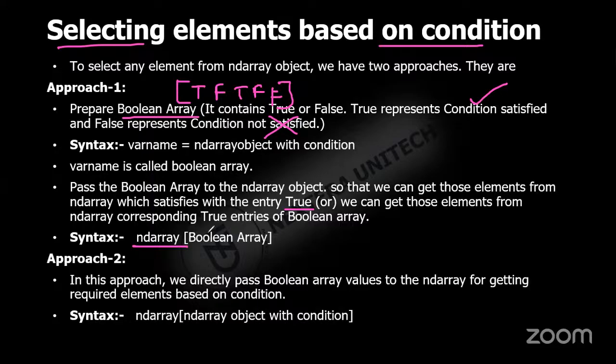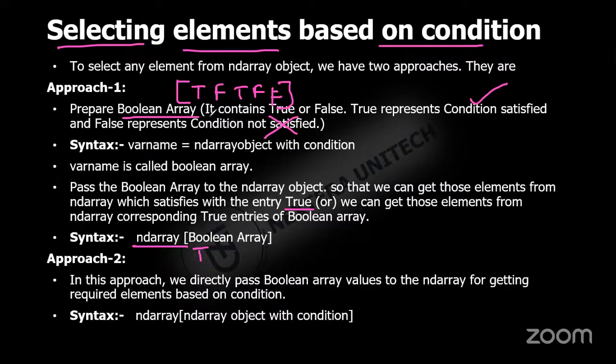The Boolean values in the Boolean array will be mapped with the elements of the ndarray, and wherever the value is true, only that specific corresponding value will be returned as output. So this is one way of selecting the elements, and the other way is you directly pass the Boolean array.